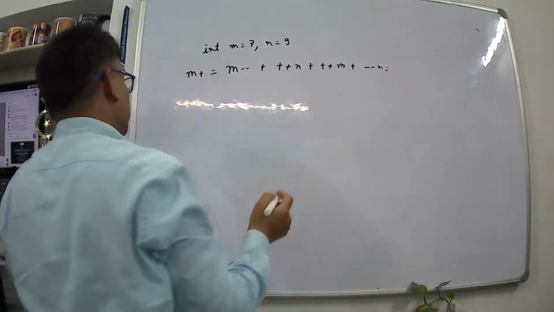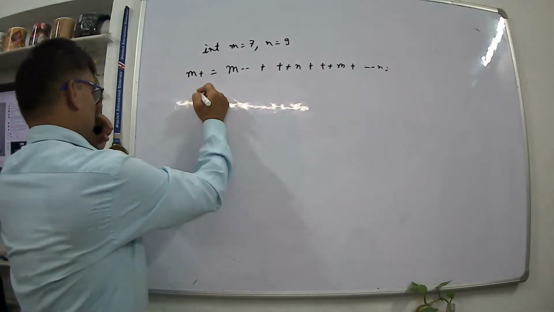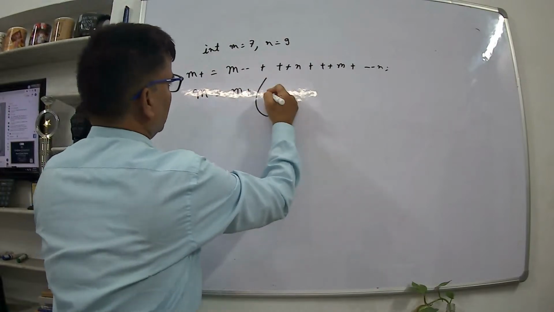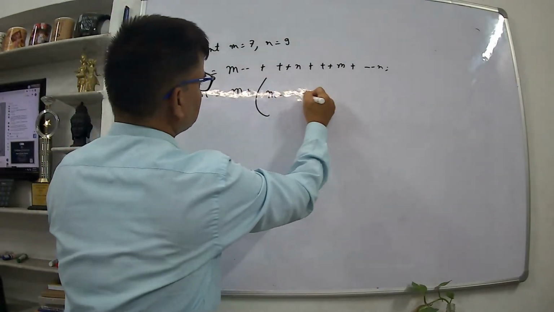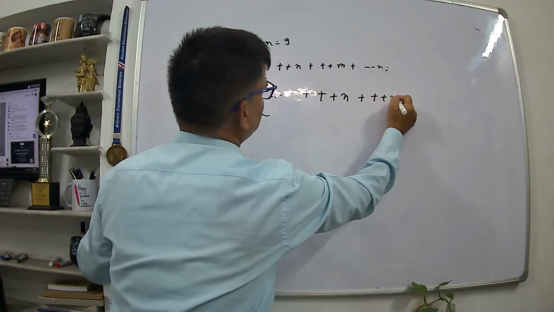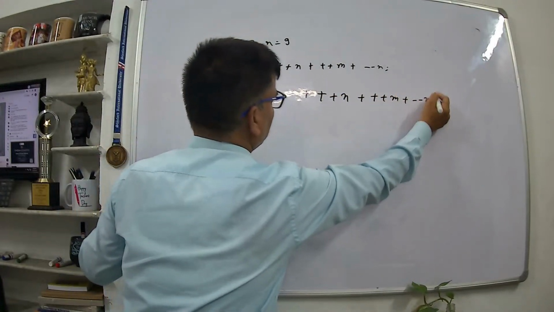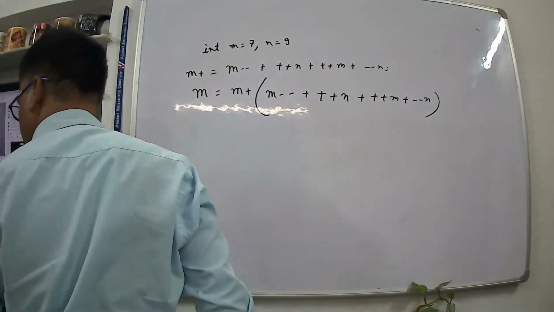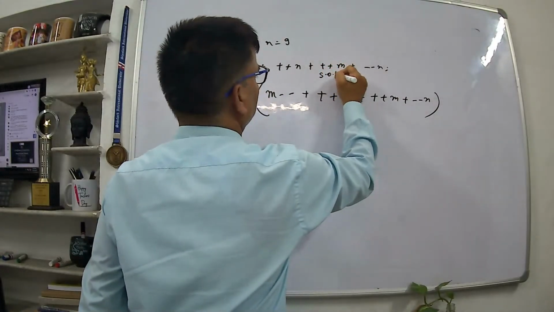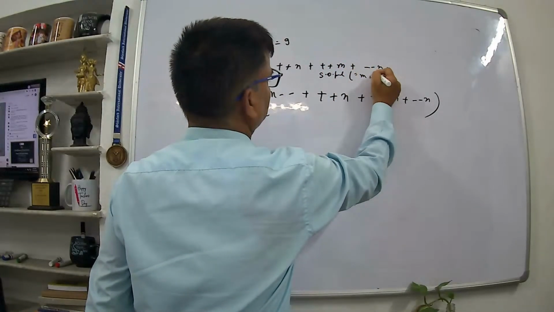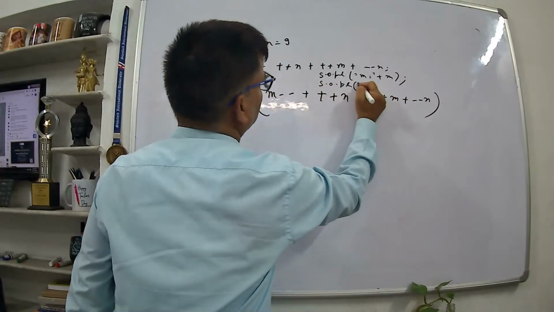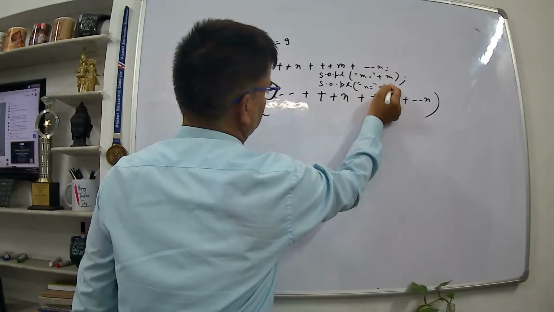Now what I can write for this is m is equal to m plus m minus minus plus n plus m plus minus n, and below this we have to print both m and n. System.out.println m is equal to plus m, and again System.out.println n is equal to plus n.